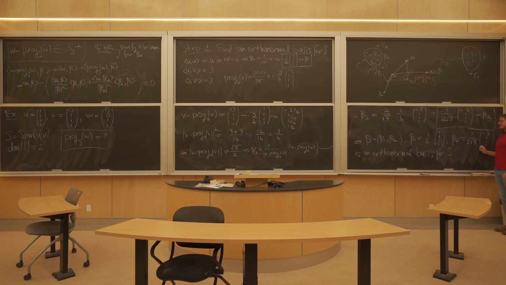Very quickly, let's verify that they're indeed orthogonal to each other. So this by this, forget about the scalars, because I worry about the angle really. That is more important. This by this is minus 3 plus 1 plus 1 plus 1. It's going to give me 0. So they are indeed orthogonal. And if you want, you can compute the norms as well to verify that they're orthonormal. They have length 1. Okay, so this is the end of step 1. That's just step 1.